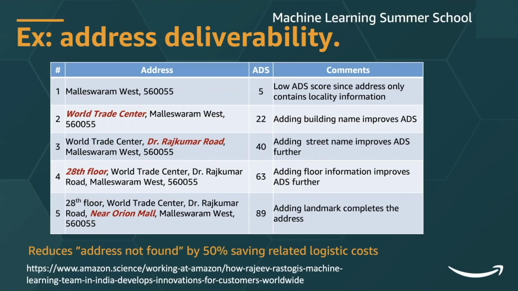And the ML model assigns it a very low score, the address deliverability score, ADS, which you see in the second column. As you improve the address by adding more details, like the building name, the road, the street where this building is, the floor, the building that it has to be delivered to, a landmark, the score keeps improving.